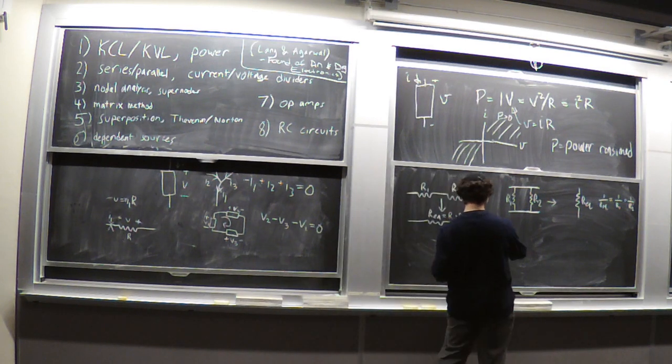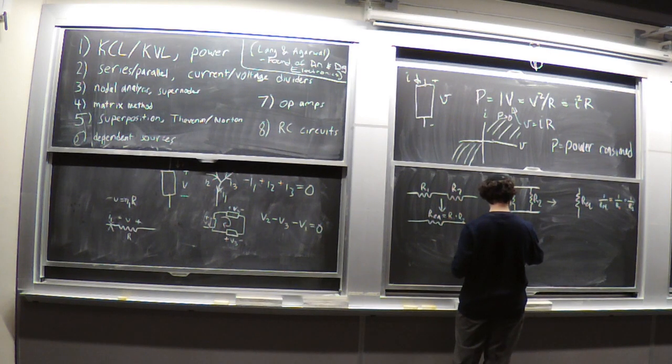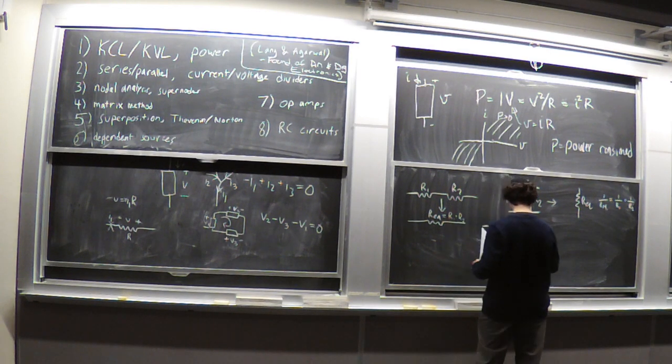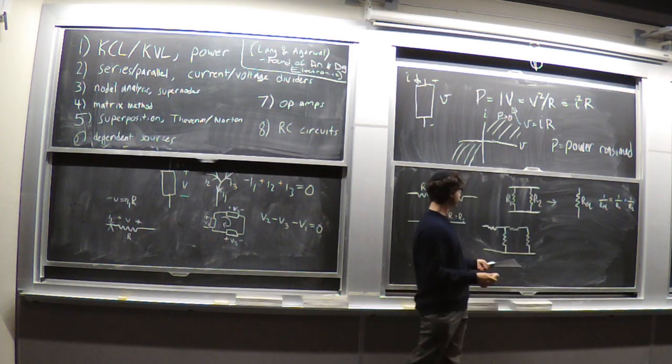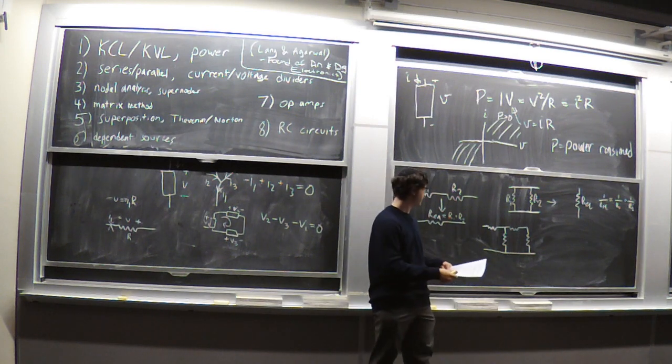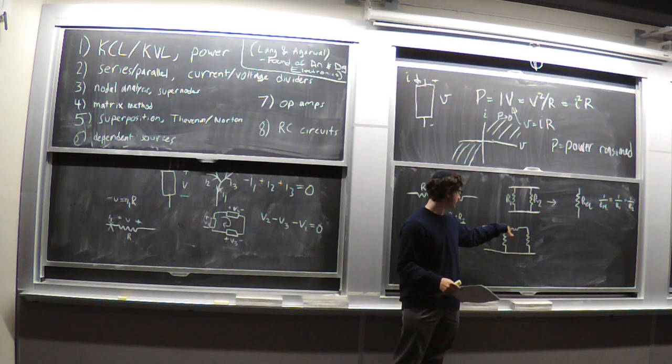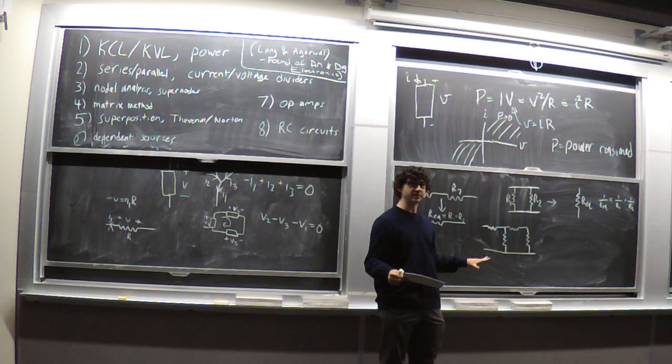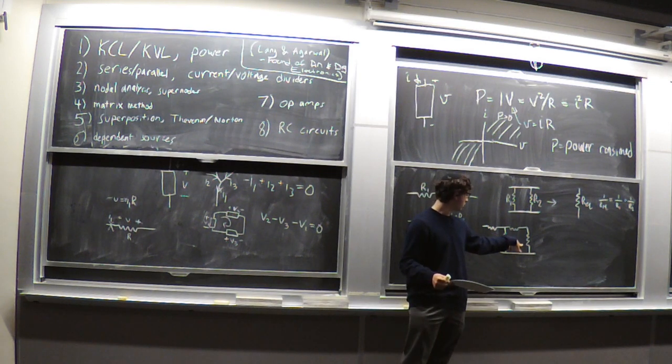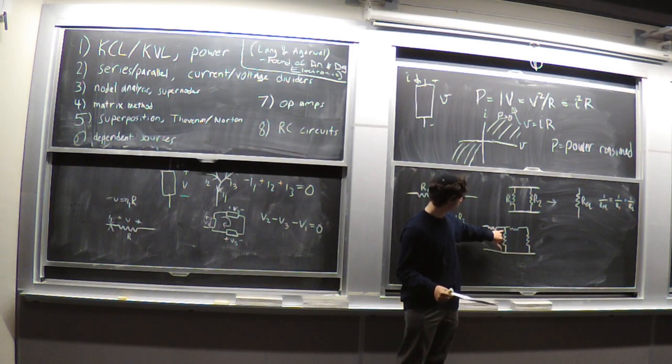But for example, if we had a network like this, at first glance it looks like these two would be in parallel and these two would be in series. Neither of those statements is true, because to be in parallel, you need both terminals of your device to be at the same potentials as each other.